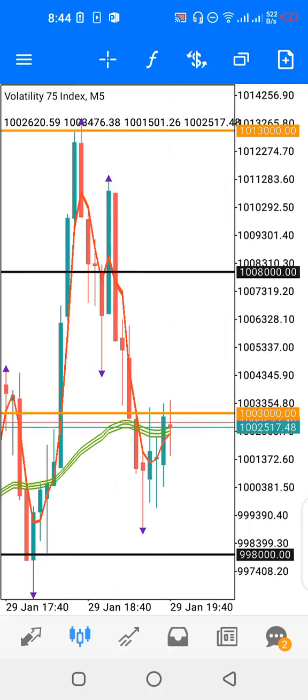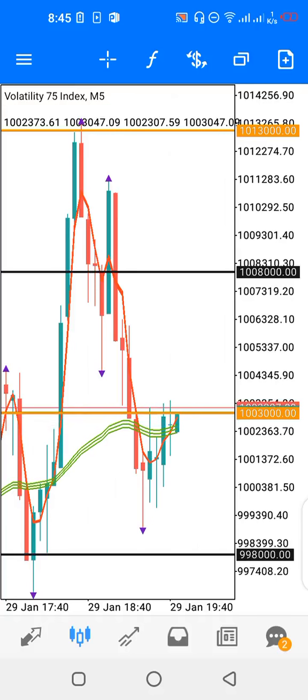It's able to manipulate and evade any form of loss with the use of pending orders, with the use of buy stop, sell stop orders, buy limit, sell limit orders, and with the use of hedge with higher lot size so that you can recover, so that you can break even if your trade goes into loss.